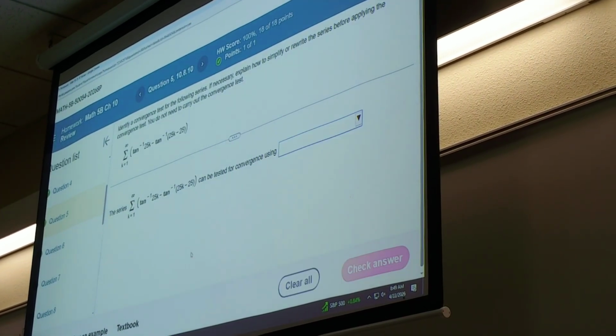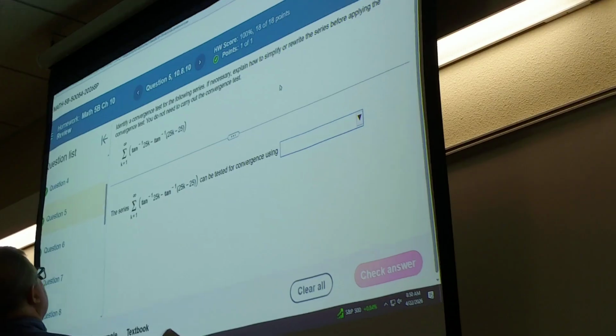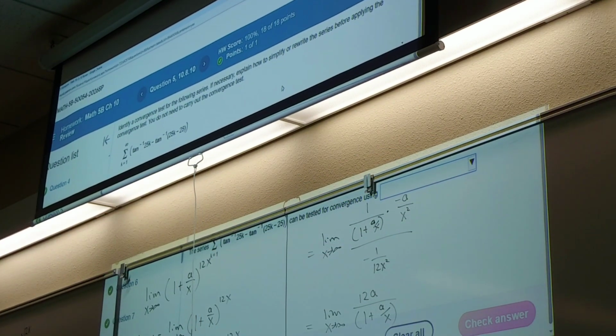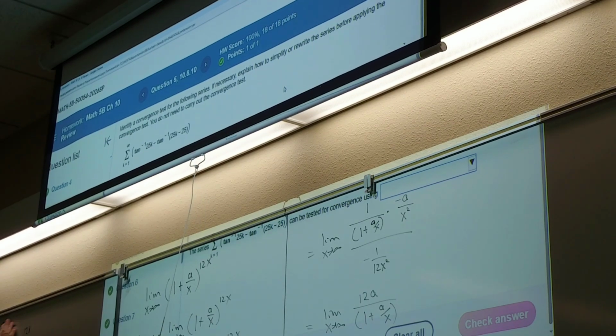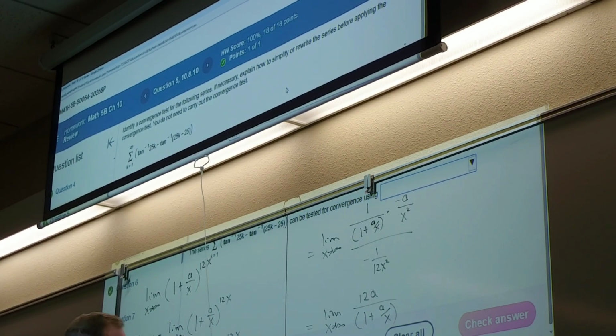Let me do a similar question. You want to check for the telescoping series, so let's just look at what would happen here. It says we don't have to carry it out, but I just want you to see it, to review it.